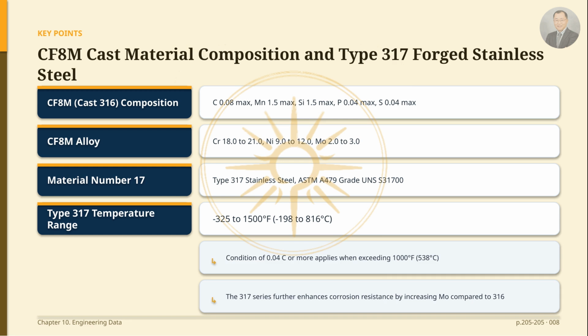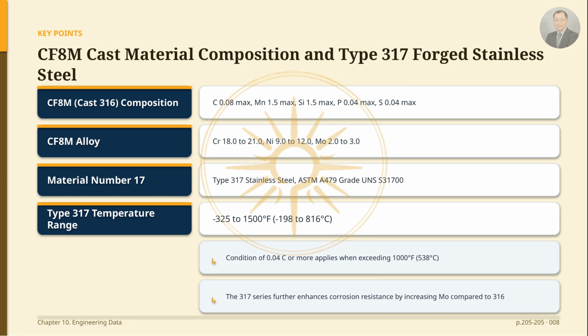The alloying elements are 18.0 to 21.0% chromium, 9.0 to 12.0% nickel, and 2.0 to 3.0% molybdenum. Compared to the forged material, the chromium range is slightly higher. Next, material number 17 is type 317 stainless steel, specified as ASTM 479 grade UNS S31700.